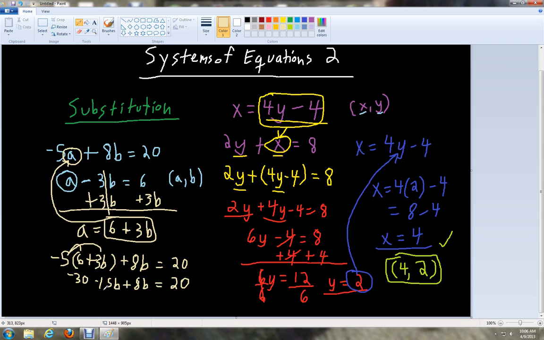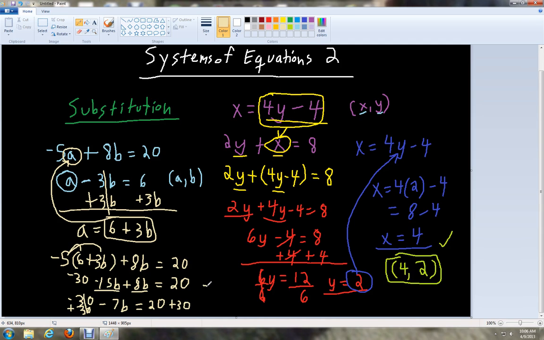We can combine like terms. We have negative 15b and plus 8b. That would be negative 7b. So we'll have negative 30 minus 7b is 20. And then we can add 30 to both sides to get the negative 7b by itself.